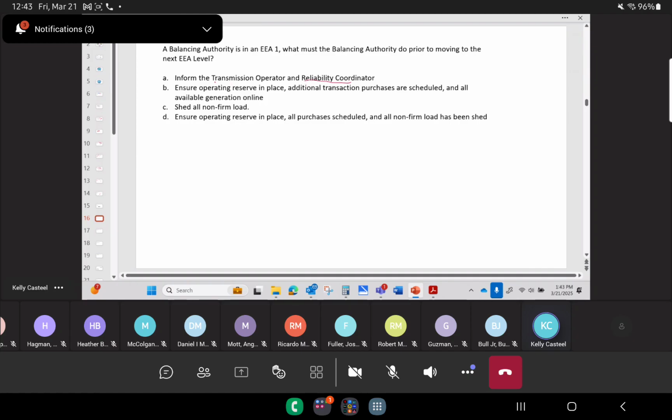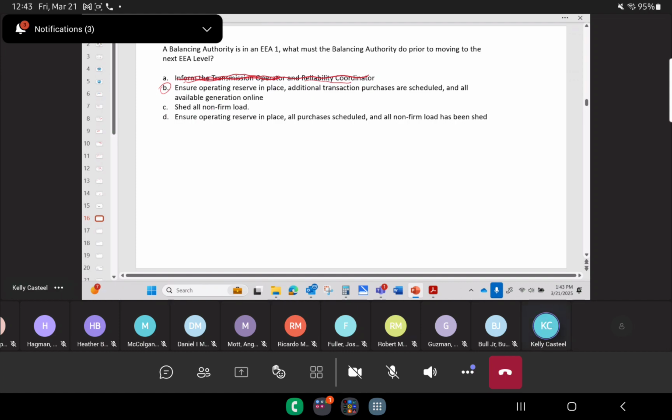Reliability coordinator maybe, but not the transmission operator. There's nothing in the standards anywhere about the BA having to notify the transmission operator in relation to capacity and energy emergencies. So that one kind of rules this one out. I'm going to hold on to that and we'll come back to it.